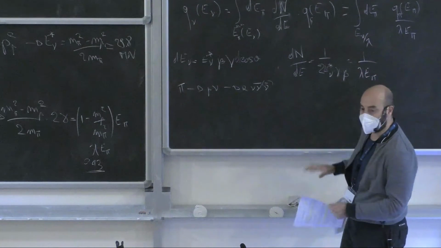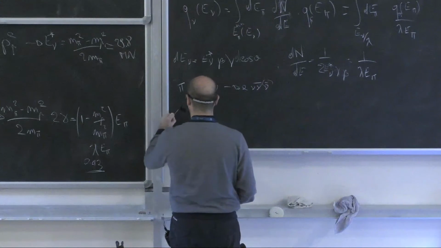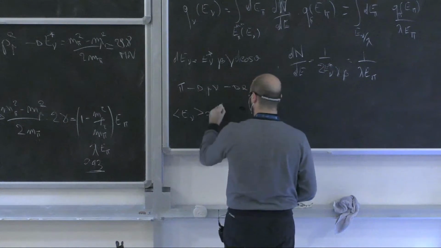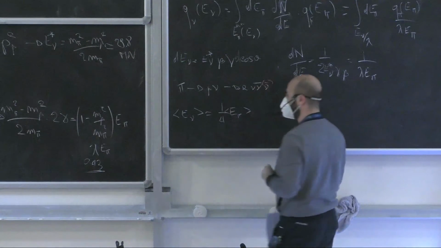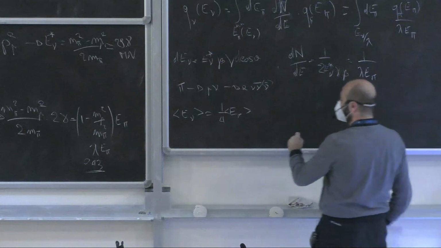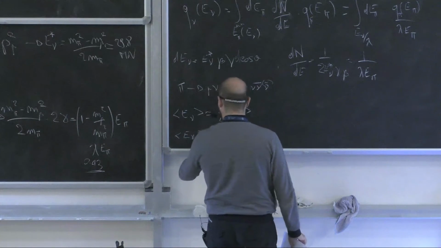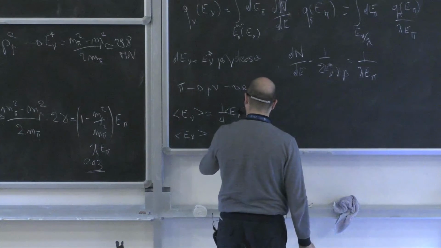Roughly, the average energy of one of these 4 particles, in particular the average energy of my neutrino, will be about 1/4 of the average energy of my pion. Instead, for my photons, I expect that the average energy of my photon, well, that's exact, is basically E pion over 2.